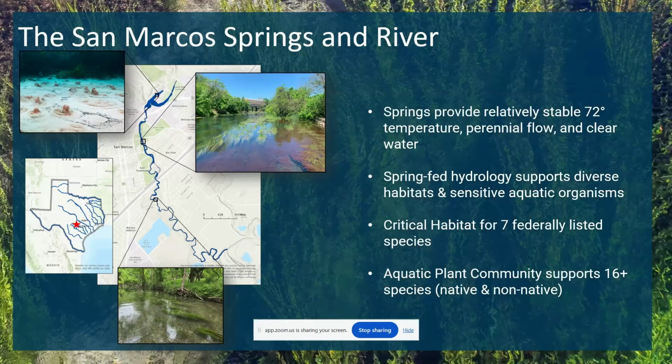If you can see that top location on the map, that's Spring Lake, and during high flows, the springs will bubble out just like that. Right now, I'd say there's about 20% of the bubbles just because we're in an extended drought and there's a lot less flow pushing up out of the aquifer. If you take the glass bottom boat tour, you will be able to see some of these springs straight in the glass.